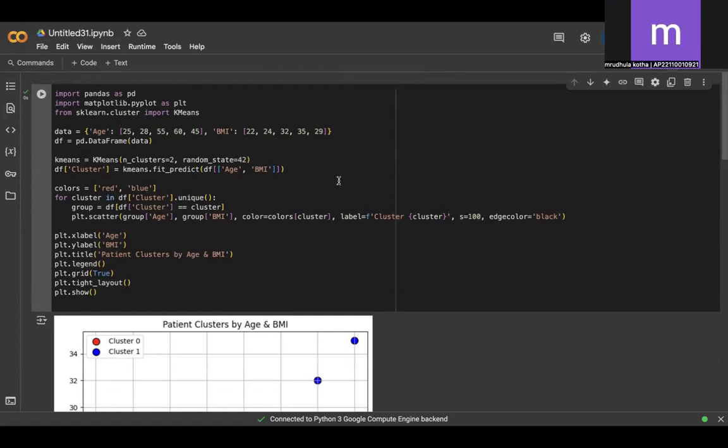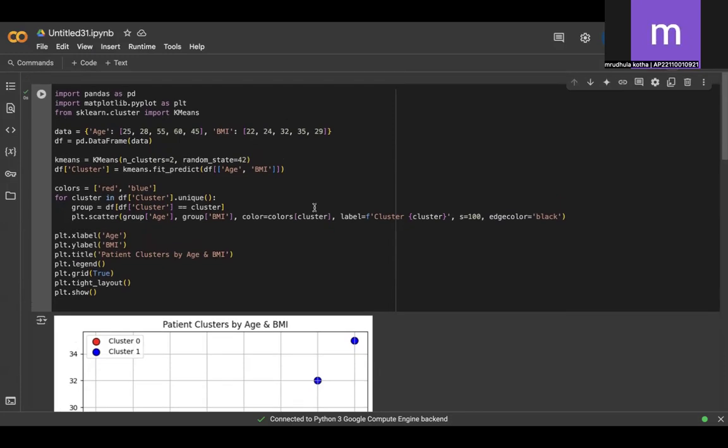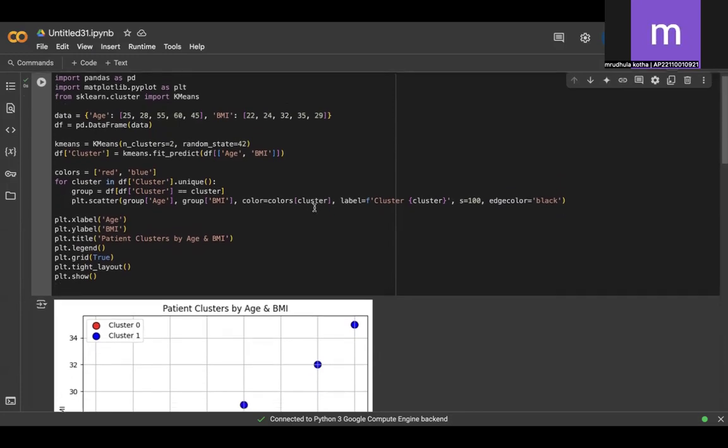These are common and impactful health metrics. We place them in a data frame using pandas. Next, we use K-means to divide the patients into two clusters. We fit the model using both age and BMI. The algorithm identifies patterns and assigns a cluster number to each patient, either 0 or 1, which we add as a new column in the data frame.